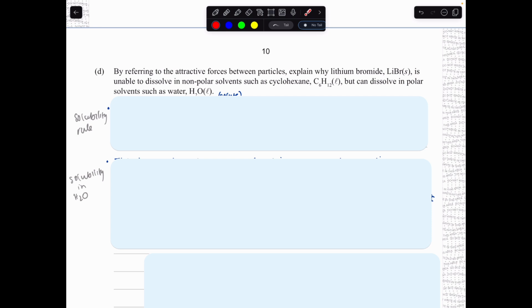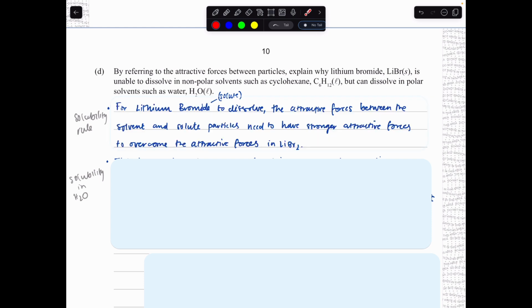Okay, so the first thing you want to state is the solubility rule, which is kind of what I just explained. So, for lithium bromide, which is the solute, for it to dissolve, the attractive forces between the solvent, which is the water, and the solute, which is the lithium bromide, need to be stronger. They need to have stronger attractive forces to overcome the forces holding lithium bromide, okay?